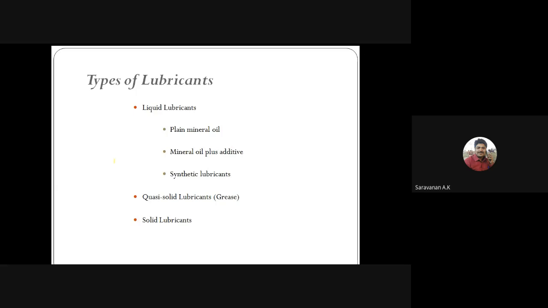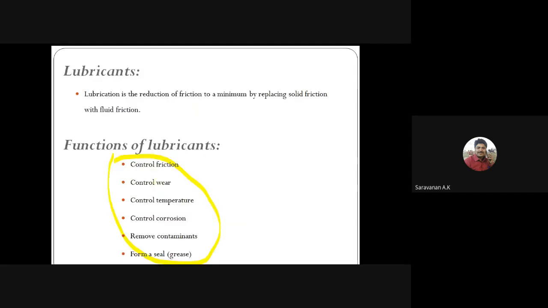Then first we can see what the liquid lubricants are. Liquids are generally preferred for lubrication. Why? Because here we mentioned we have to minimize the friction, reducing it to the minimum level by replacing the solid friction with fluid friction.